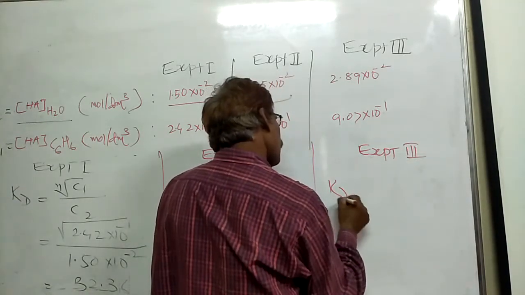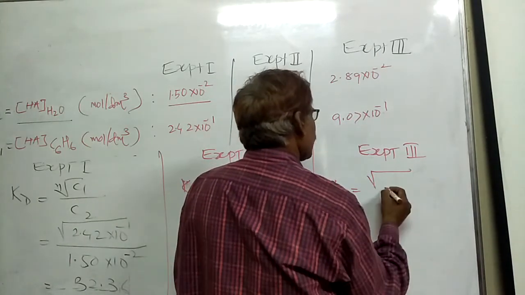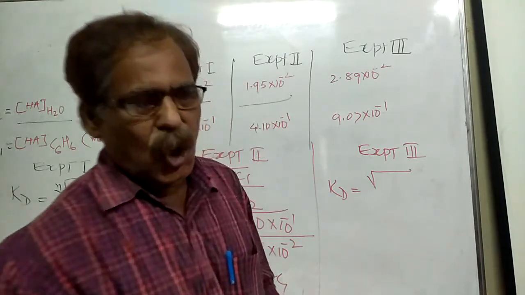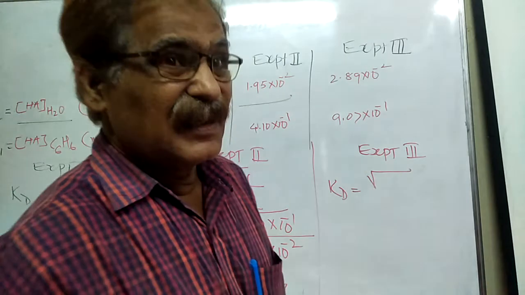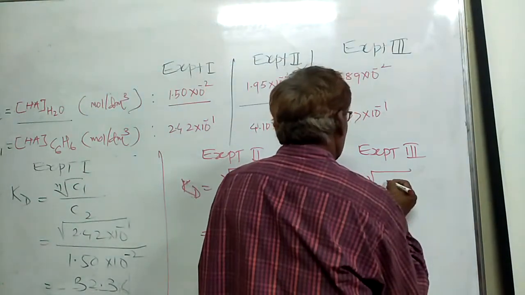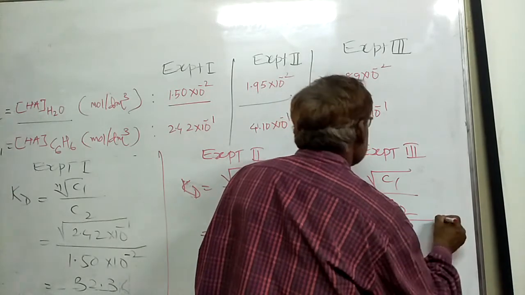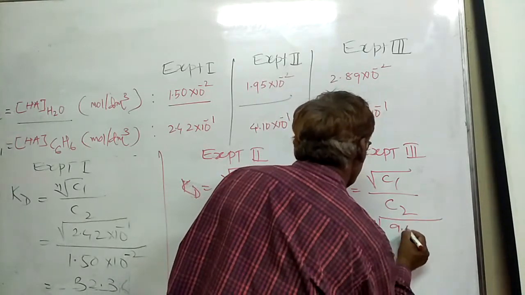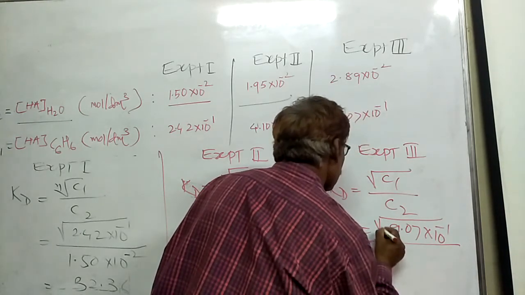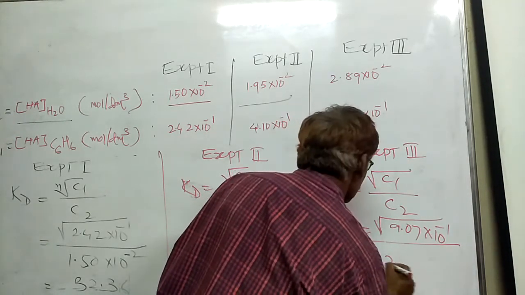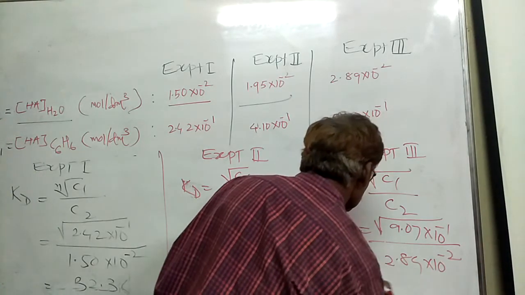Let us calculate the partition coefficient of organic acid in case of experiment number 3 using modified Nernst distribution law, nth root of C1 upon C2. Here C1 is equal to 9.07 into 10 to the power minus 1 divided by 2.89 into 10 to the power minus 2.